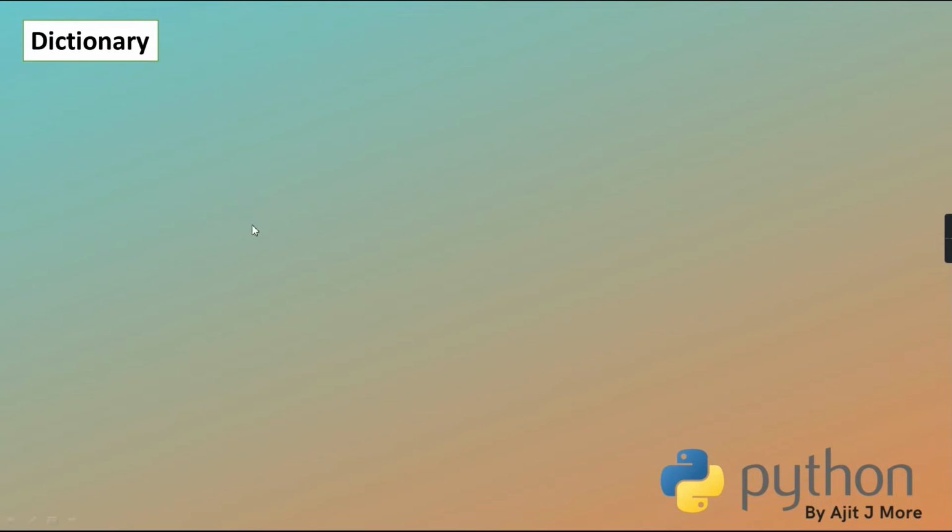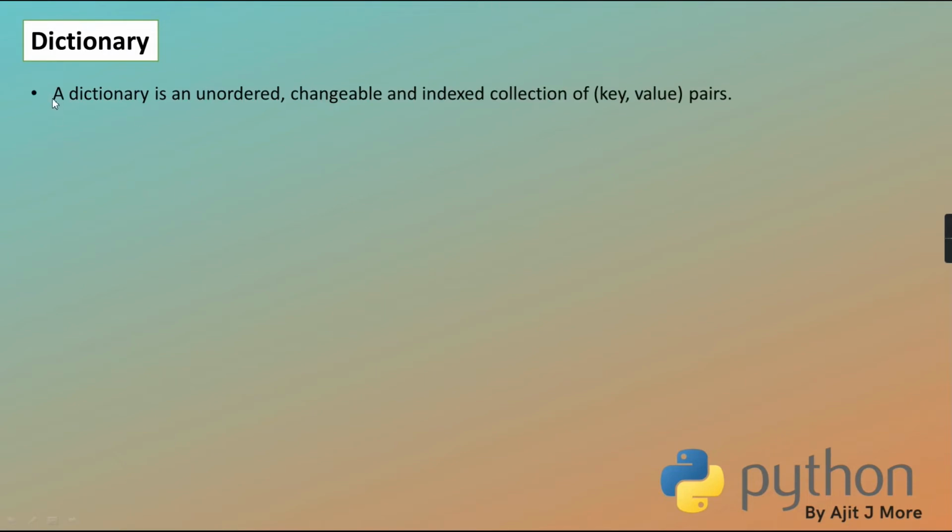But in that square notation we will not use index, instead we'll be using key. Now how to create a dictionary and all, I'll tell you. So dictionary is an unordered, changeable collection. You can modify, means you can add new keys, you can delete any existing keys.